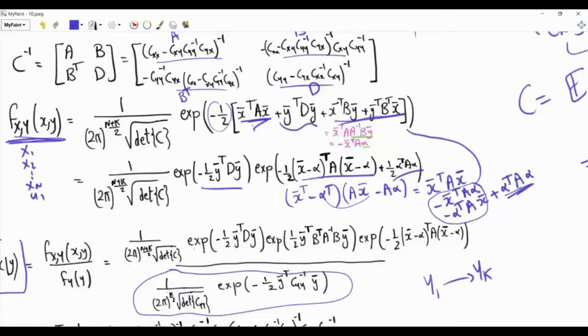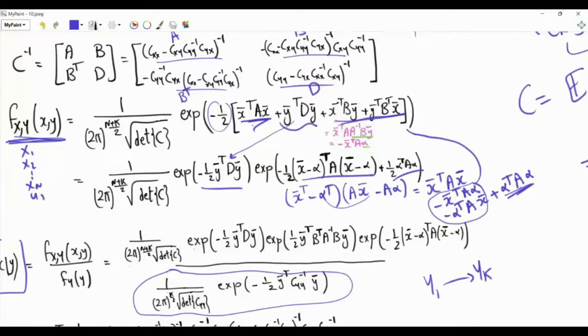So let's repeat. y bar transpose D y bar is separated into this exponential. Then we try to write down things as a quadratic form involving x bar minus a vector, and we will see exactly what this vector should be. So I will write this as minus half (x bar minus alpha) transpose A (x bar minus alpha).